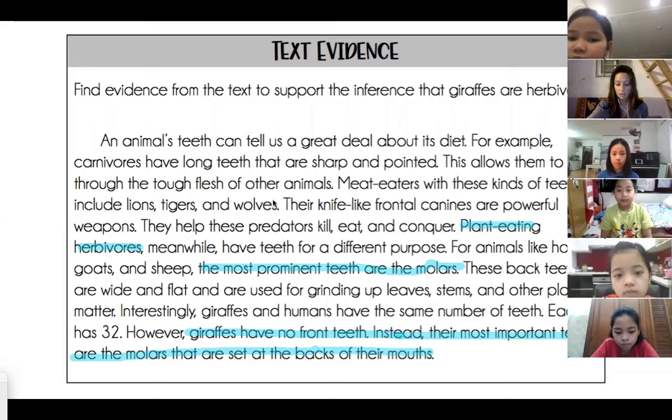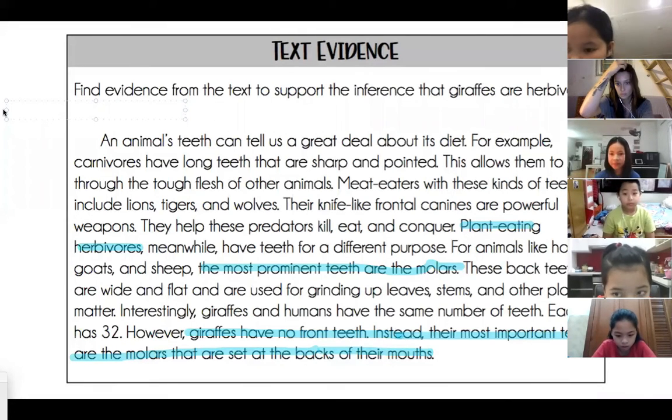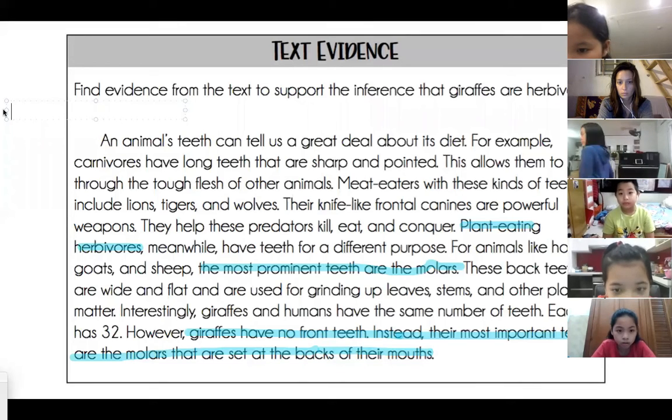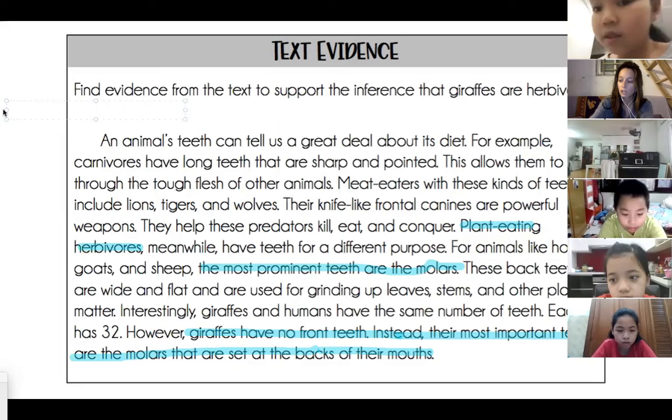Shalom, do you remember one of our sentence starters when we're talking about text evidence? Can you choose one for us? Tell me one of the sentence starters that we learned about to show that we're using text evidence.